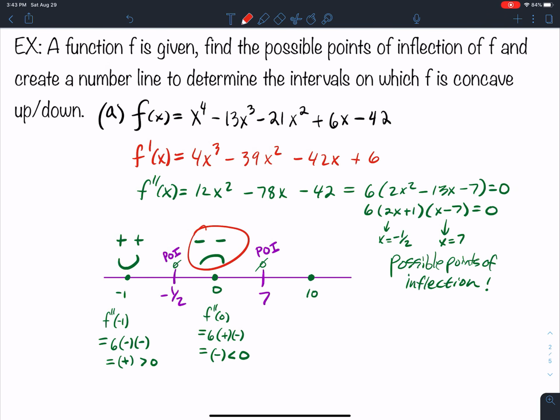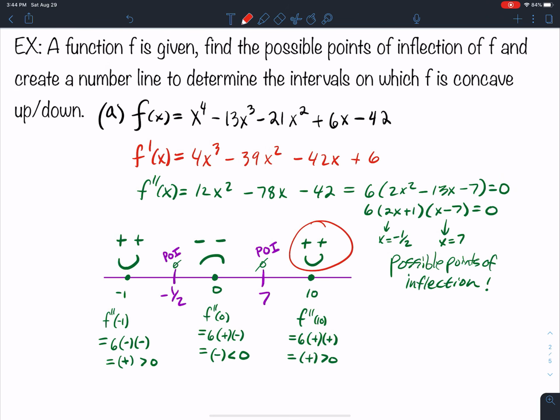Concave down is like a frown. Okay? The last one, I plug in 10 for my second derivative here, and I get 6 times, well, 10 times 2 is 20, plus 1 is 21, so that's positive. Then 10 minus 7 is 3, which is positive. So this is definitely positive, and so I have concave up.